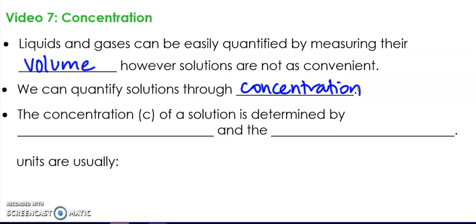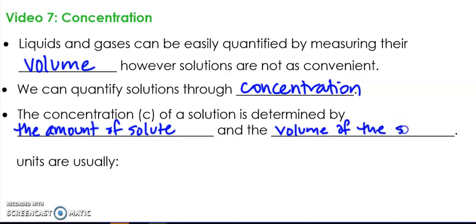The concentration, or C, of a solution is determined by the amount of solute and the volume of the solution. And remember, the solution contains both solute and solvent. So both parts together. So when we talk about amount, we're talking this in moles.